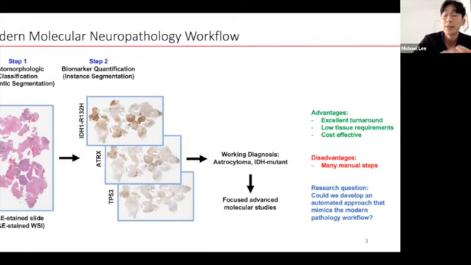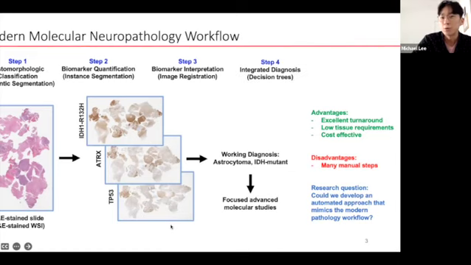In this approach, we would use things like an instance segmentation approach to quantify and count the number of positive nuclei. The third major step is interpreting all these results and combining them together, and lastly, coming up with an integrated diagnosis using decision trees. I'll be going over each of these major steps in my presentation and going more in depth about how we came to develop them.